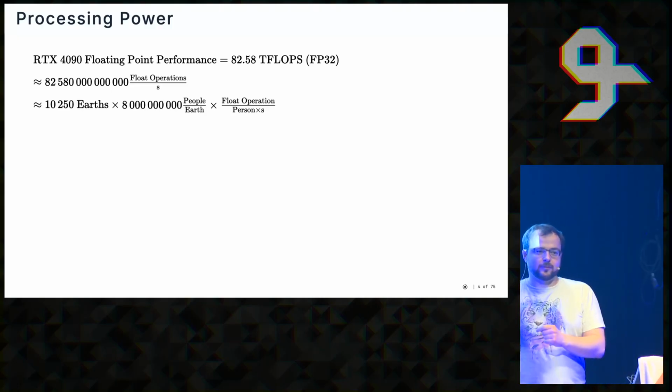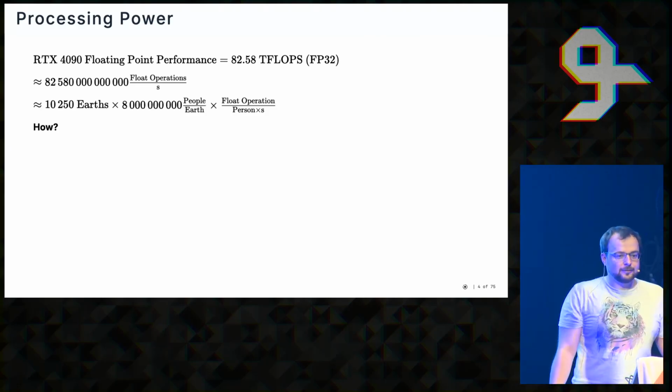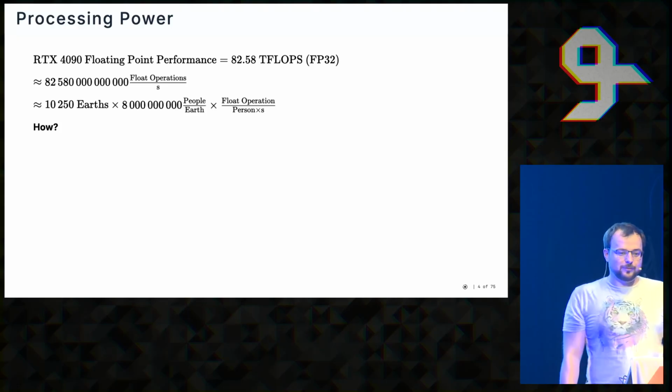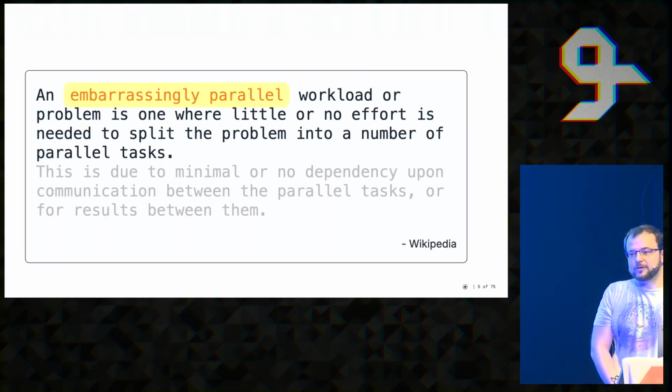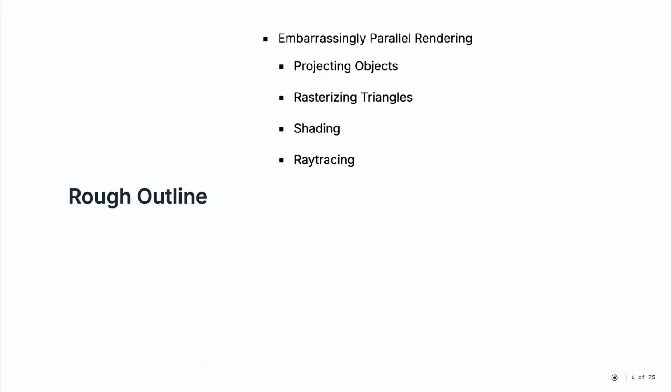And part of what we're digging into here is how can they do that? The key term is embarrassingly parallel. A problem can be considered embarrassingly parallel if you can just split it up into tons of little pieces without much thought or communication in between those pieces. And this is going to be the first part of the talk. How can we make rendering 3D scenes embarrassingly parallel?